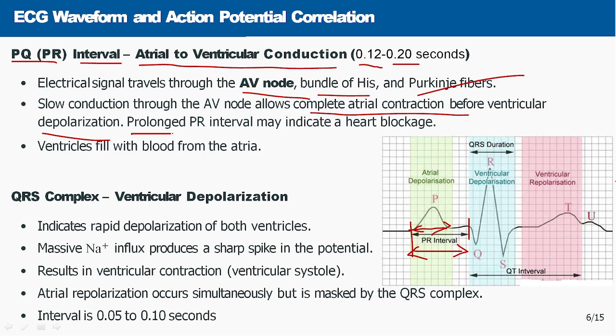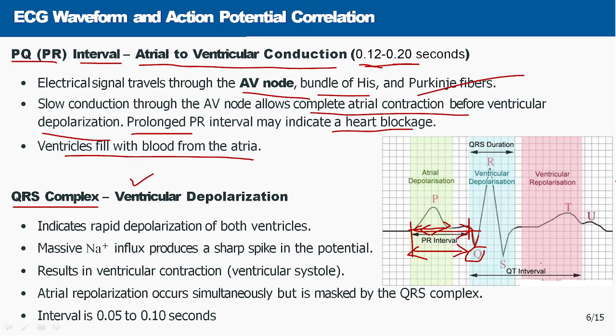But a prolonged PR interval may indicate a heart blockage. If this length exceeds the range of 0.12 to 0.2 seconds, then there may be a chance of heart blockage. Only then, once it reaches the Q point, does the ventricle fill with blood from the atria.